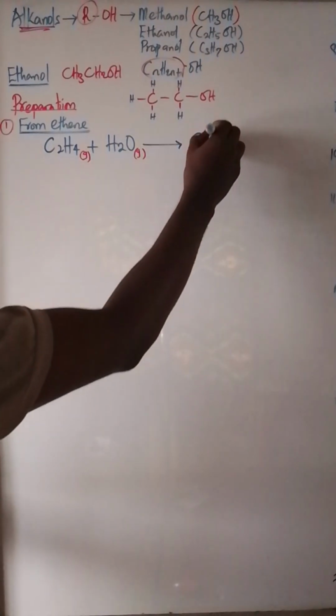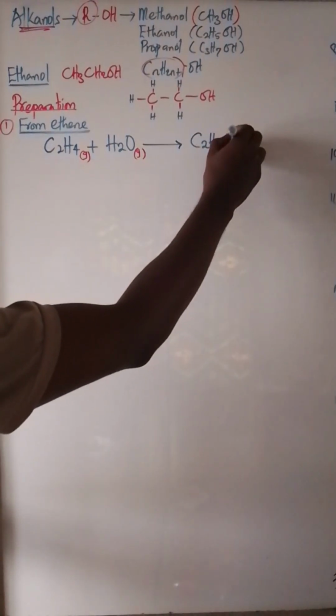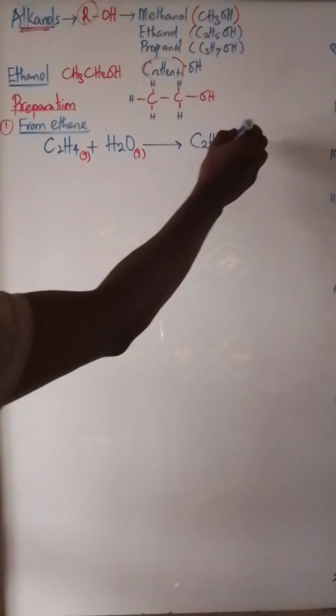Now, how can we prepare alcohol or ethanol? There are many ways of doing this. Let's look into some. The first one is from ethene. Ethanol can be prepared from ethene. How? We can do this by hydration of ethene using steam, and we get ethanol, C2H5OH.